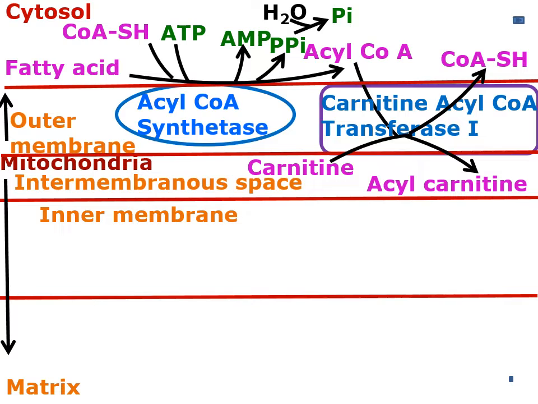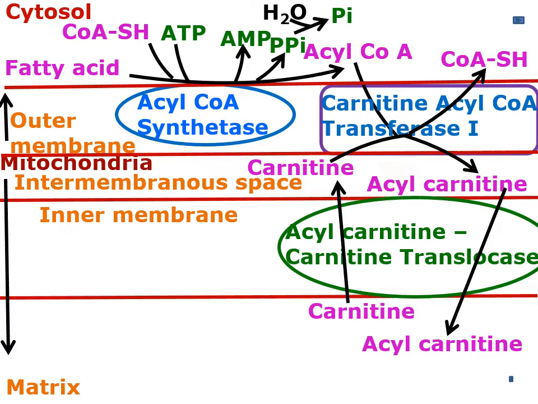Once acyl-carnitine is formed, it can move through the inner mitochondrial membrane, and it is translocated into the mitochondrial matrix by an enzyme called translocase, or to be specific, acyl-carnitine translocase, or you can just remember it as translocase.